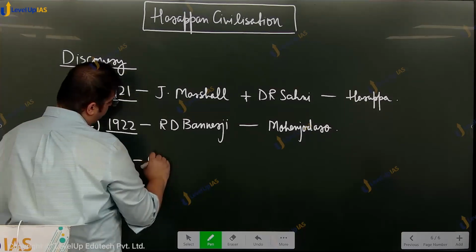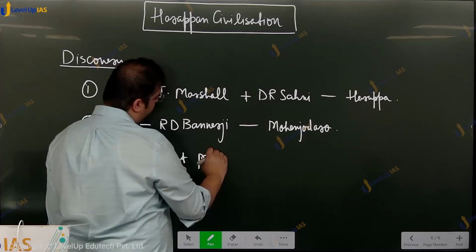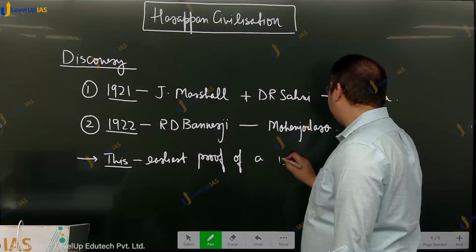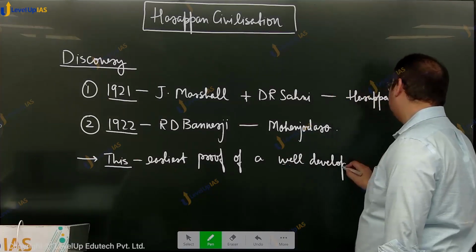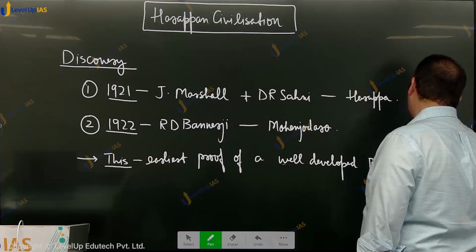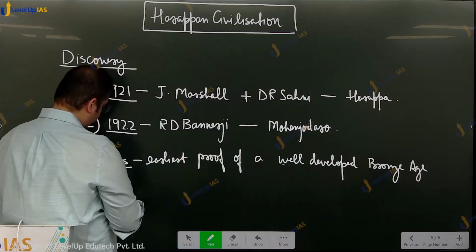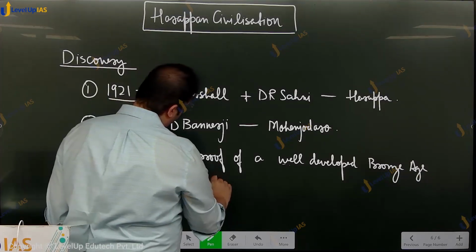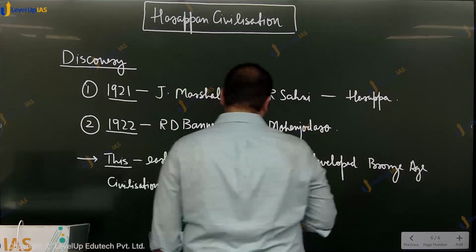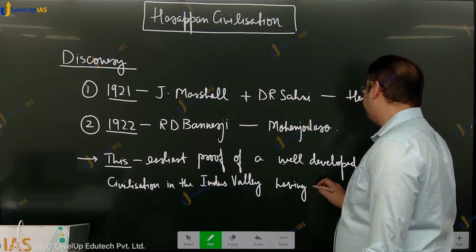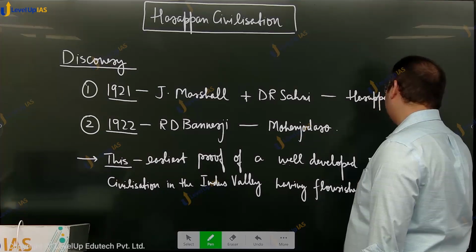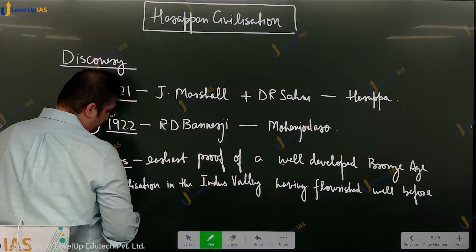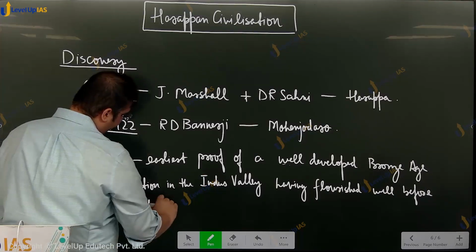This provided the earliest proof of a well-developed Bronze Age civilization in the Indus Valley, having flourished well before the Vedic age.